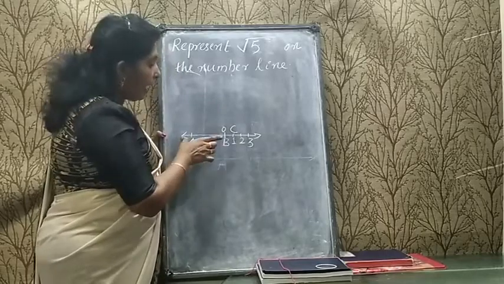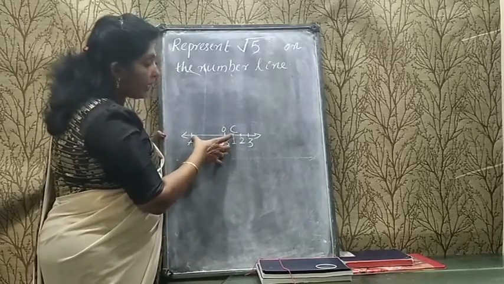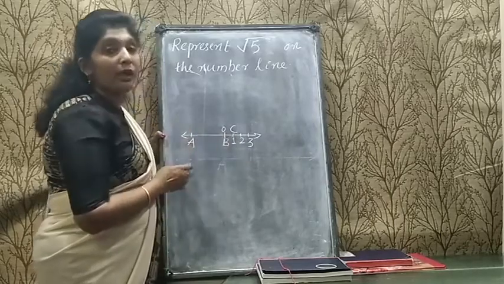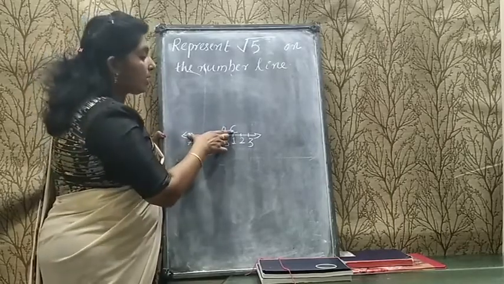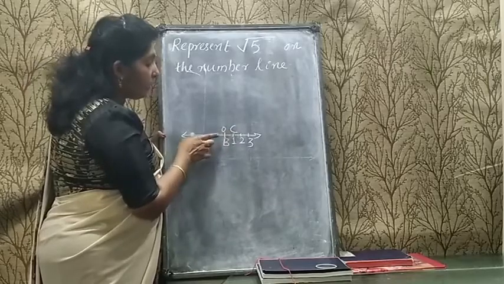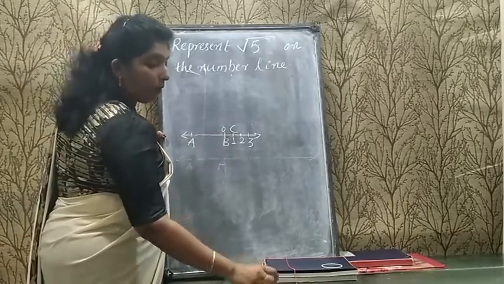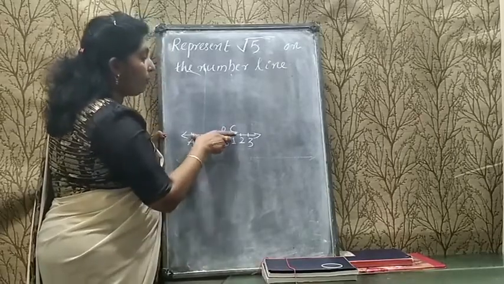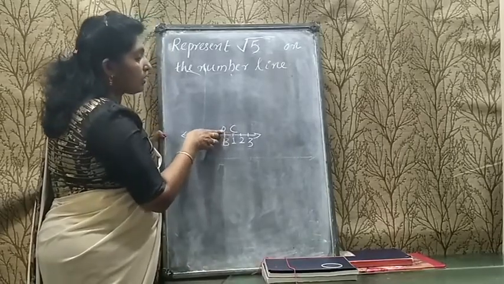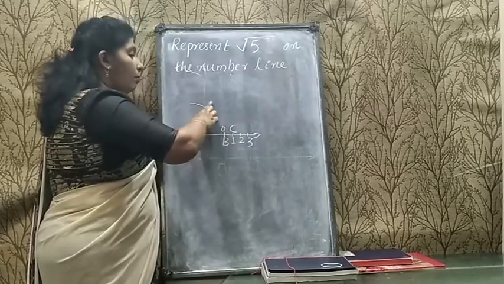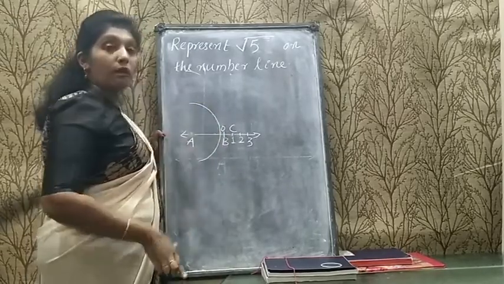Now, I have to draw the perpendicular bisector of AC for getting the midpoint of the line segment AC. For drawing the perpendicular bisector, what do we have to do? Take more than half of AC in your compass, means this much distance. Keep at A and mark an arc.